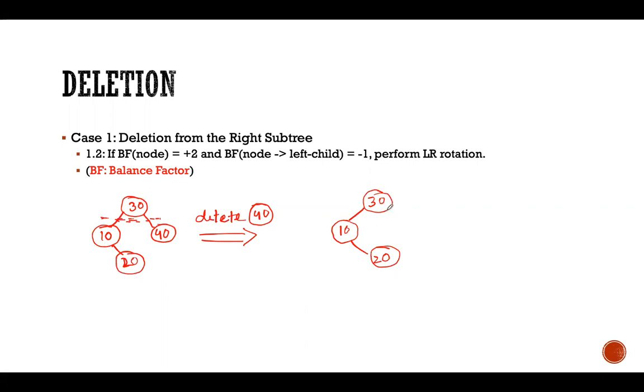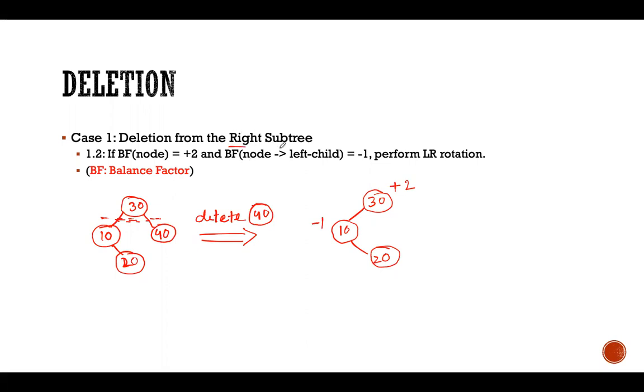In the upper level, we'll find that for node 30, the balance factor has changed from before deletion. Now the balance factor here is 2. And what is the balance factor for 10? -1.